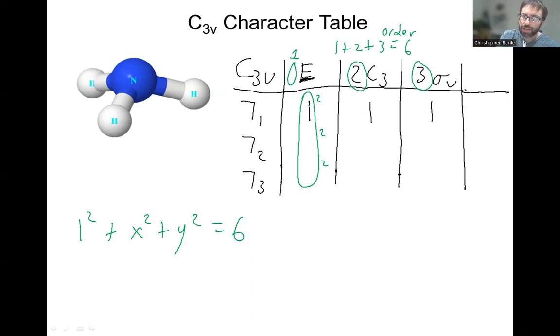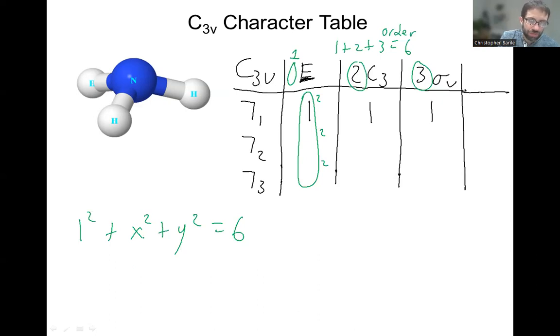And these values under the identity, the so-called dimensionality, the characters underneath the identity, are always going to be positive integers. So they're going to be 1 a lot of the times, 2, maybe a 3, and then very rarely a 4 or a 5, only in some of the really highly symmetric ones.